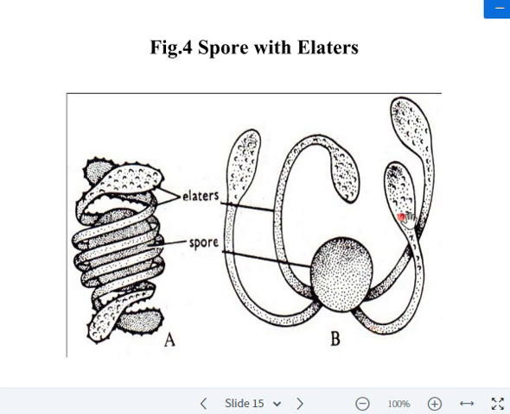They absorb moisture from the atmosphere and help in descent of the sporangium and dispersal of spores from one place to another place. So this is the spore with elaters. The presence of elaters is the diagnostic feature of Equisetum.